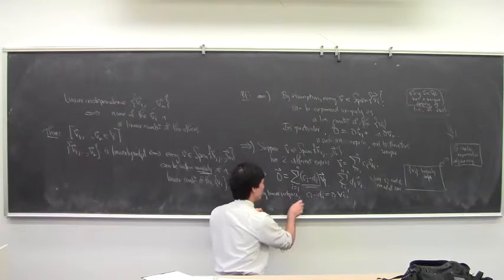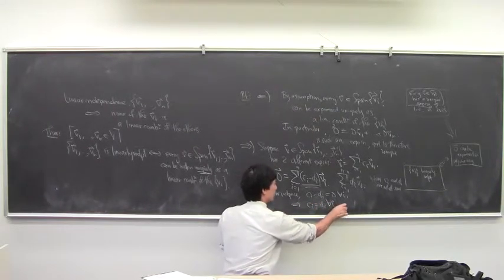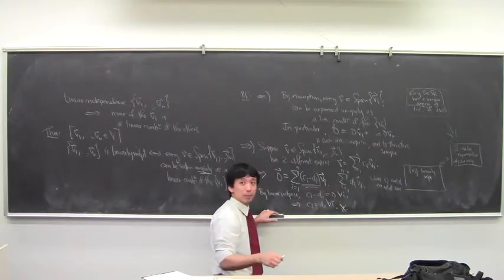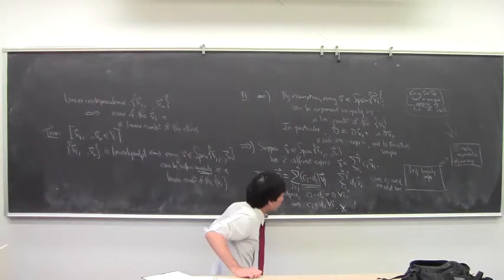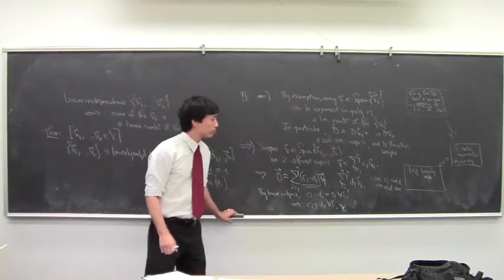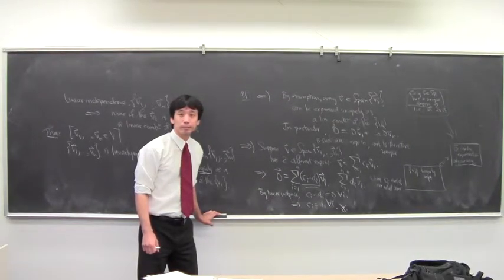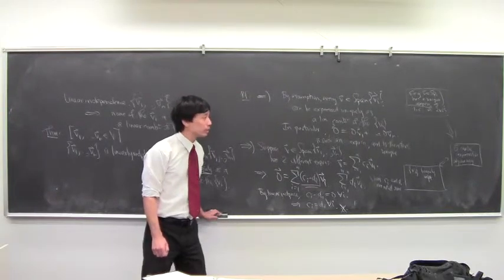But that would mean that Ci equals Di for all i. And that's a contradiction, because we said that the Ci and the Di are not all the same. Any questions?